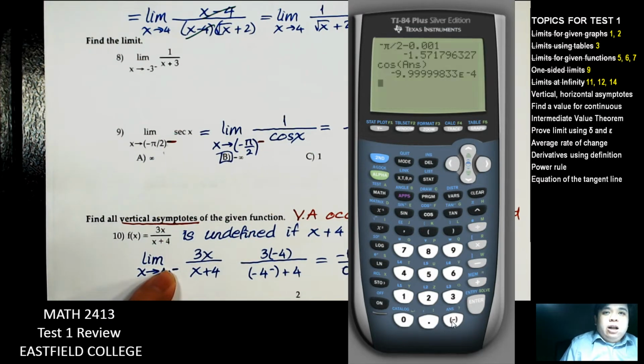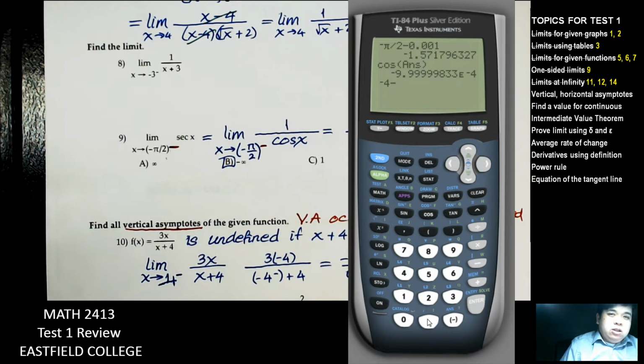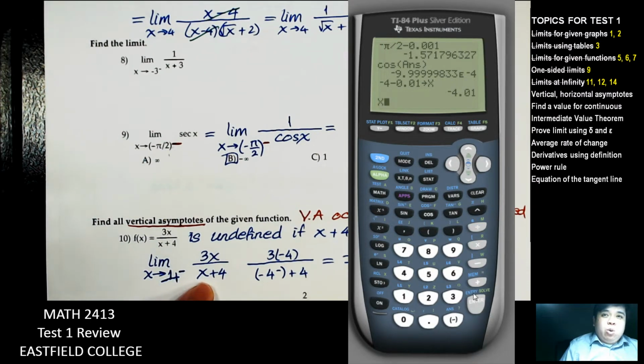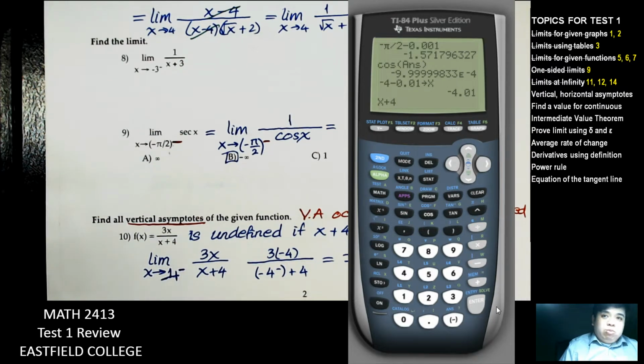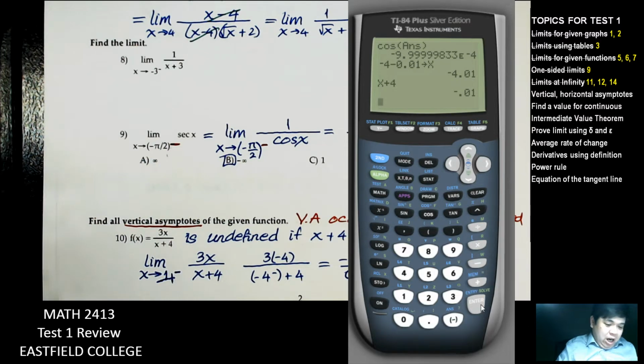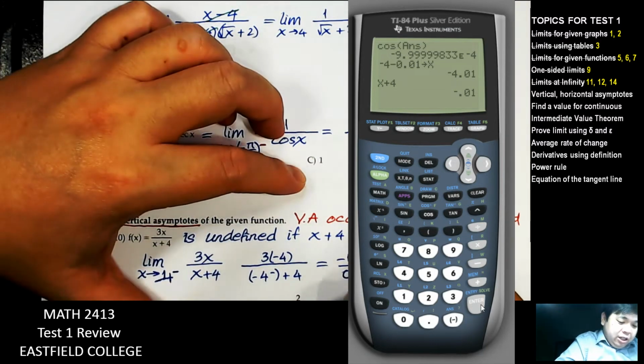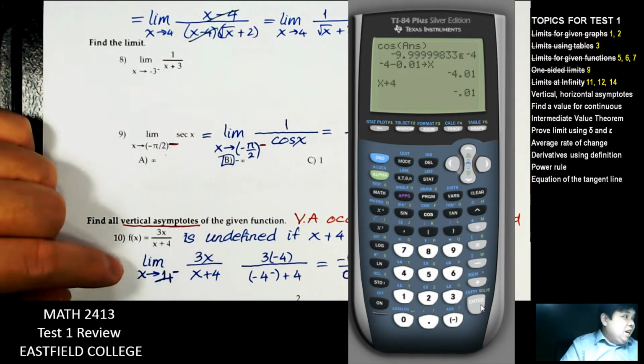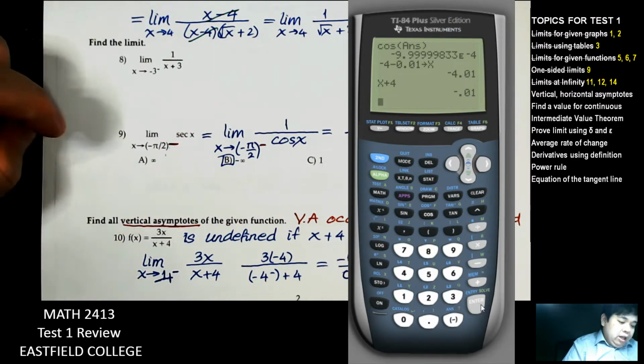Sorry, let me turn it on. -4, and we subtract a small number, so it will be on the left side of -4. Let's store that into x. Now we just need to compute x plus 4. It is easier to do it like this rather than try to reason from there. So we're going to have a negative number. Negative divided by negative is positive. So yes, indeed the limit goes to infinity.